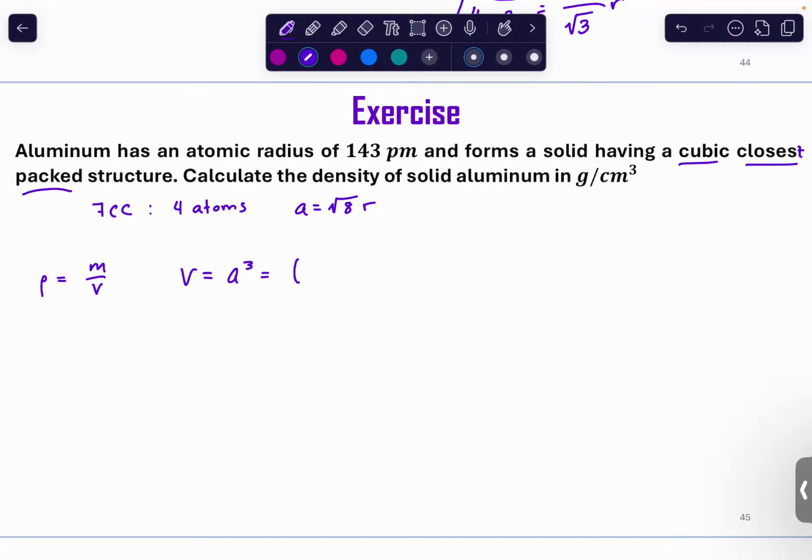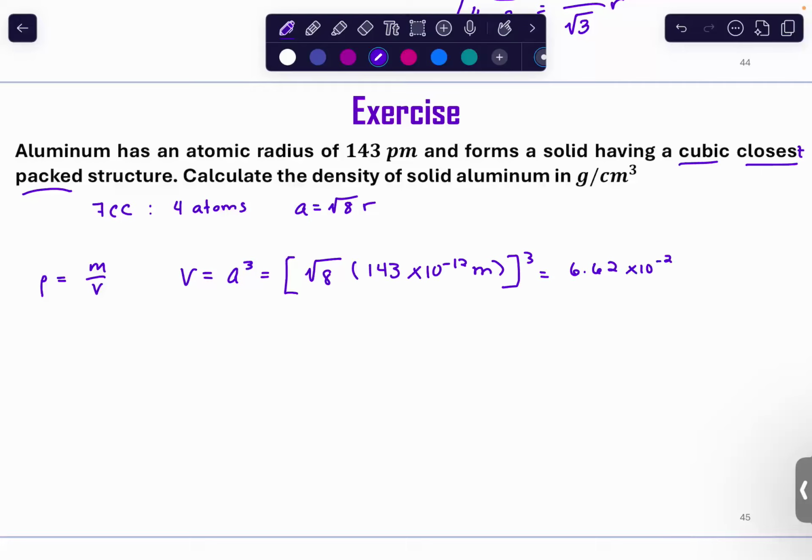So that's going to be square root of 8 times 143 times 10 to the negative 12th meters, cubed. And that's going to end up giving me 6.62 times 10 to the negative 23rd cubic centimeters. Now, what about the mass of aluminum in there?